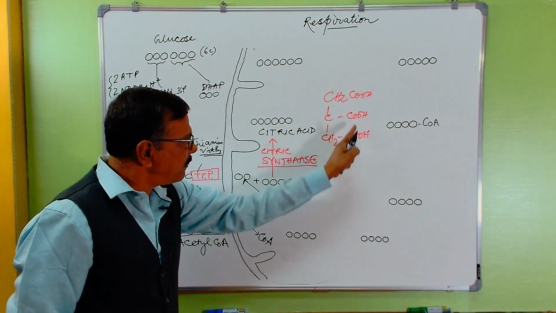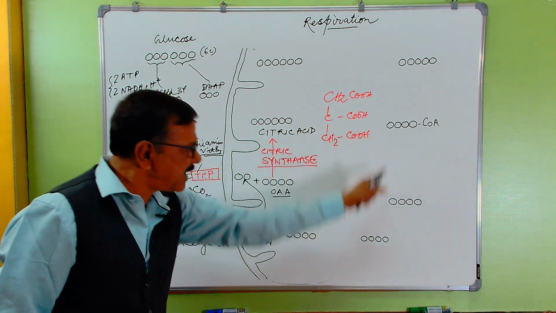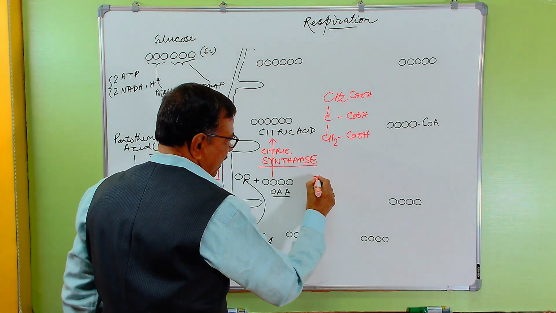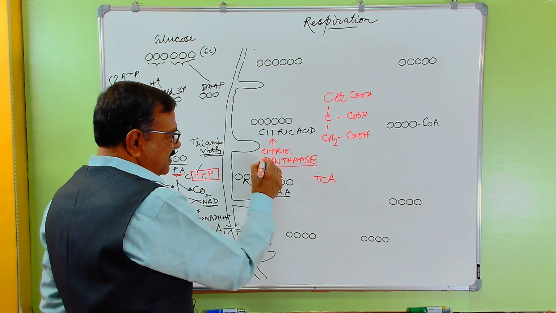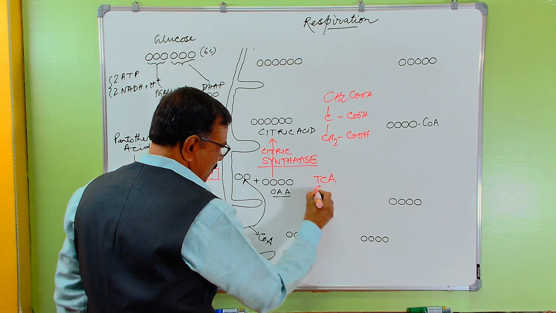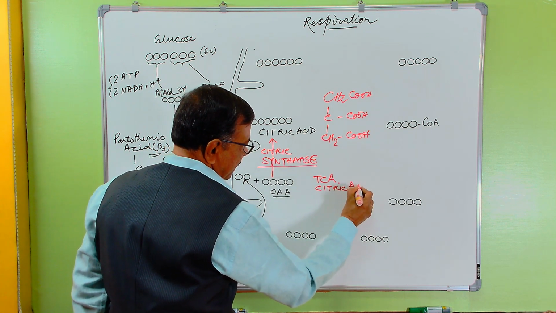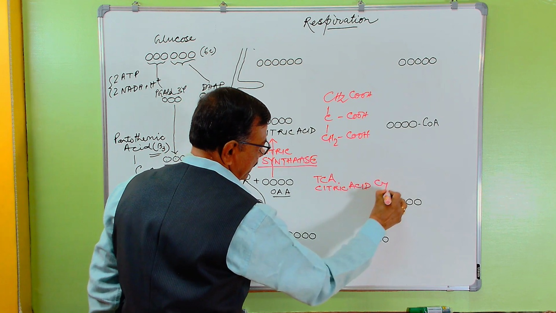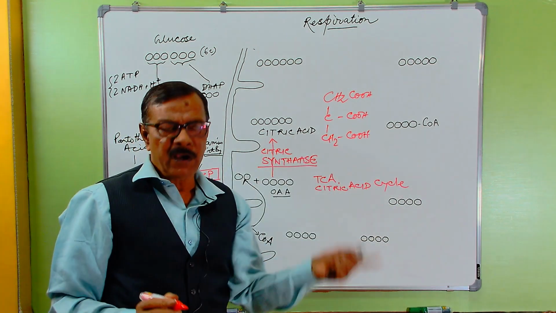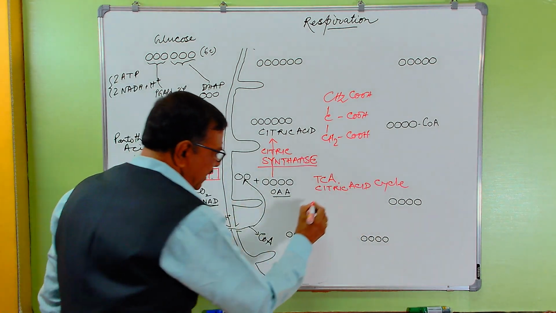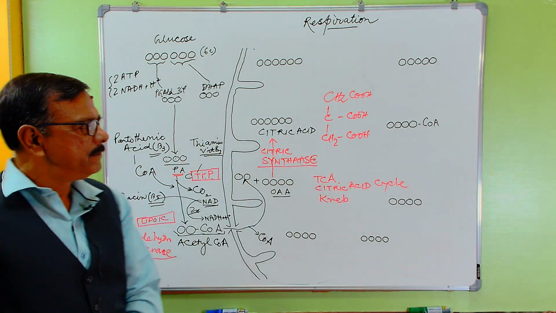So these 3 carboxylic acid groups are present. So this cycle is known as the tricarboxylic acid or TCA cycle. And since citric acid is first produced, it is known as the citric acid cycle. It was discovered by Kreb, hence it is known as the Kreb cycle.